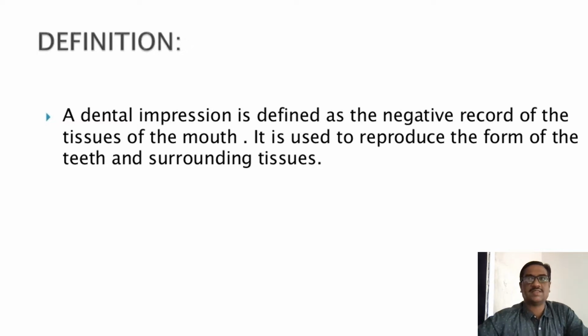So next is what are the desirable properties which are necessary for the selection of the impression materials. See, when we choose an impression material, we should consider the importance of that impression material for that situation.